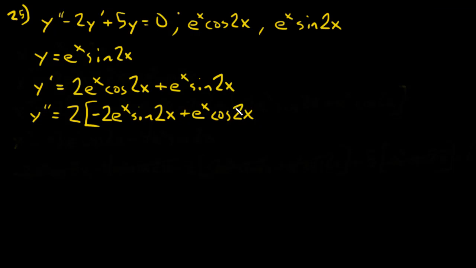Okay, so now I can bracket that, and now I have to take the derivative of this, but I've already taken the derivative of that, so I can just add that in. So plus, let's see, I've got all of this, 2 e to the x cosine 2x plus e to the x sine 2x.